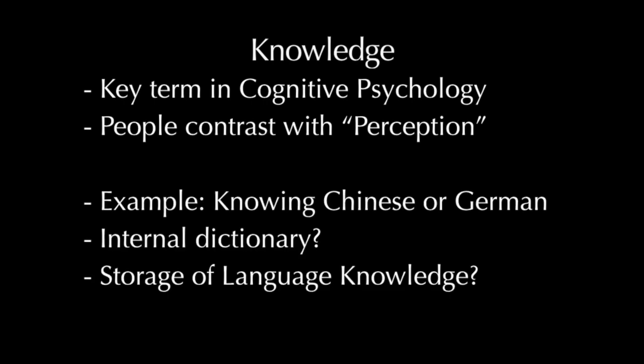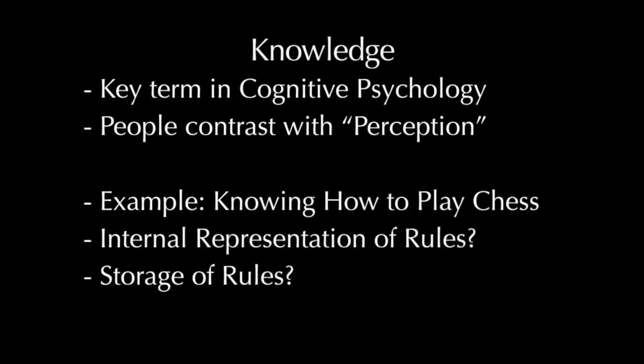Does this depend on, for example, having an internal dictionary, an internal lexicon? Does it involve storage of language-related knowledge? Examples also include knowing how to play chess or internal representation of rules. Does it involve somewhere in the mind where the rules are stored, like a hard disk?